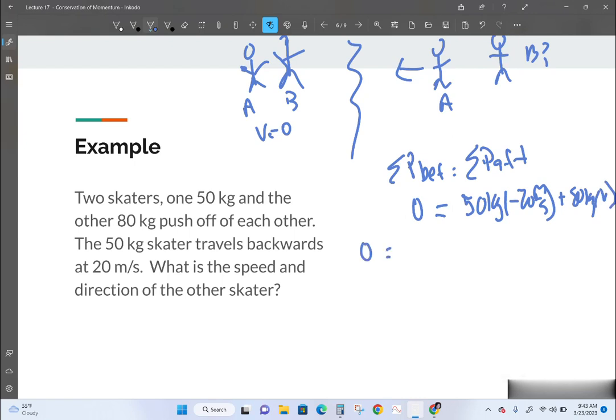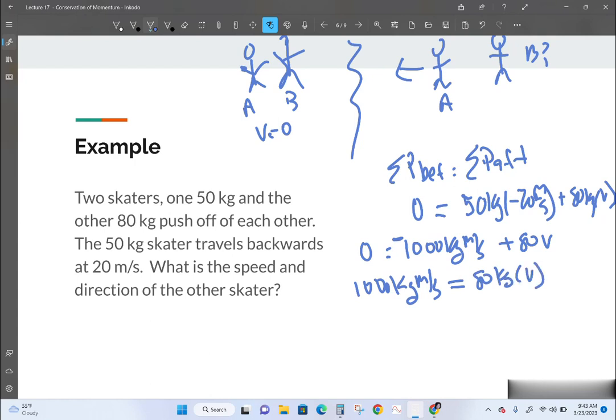So 0 equals negative 1,000 kilograms meters per second, plus 80 times V. Then we're going to add 1,000 kilograms meters per second to both sides, which equals 80 kilograms times V, and V equals 1,000 kilograms meters per second all over 80 kilograms.